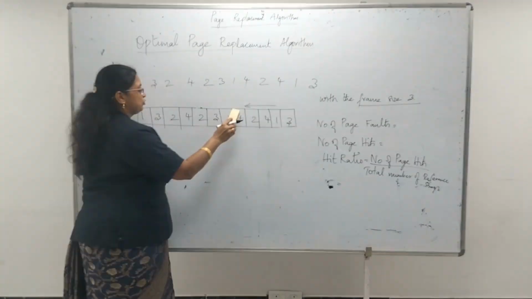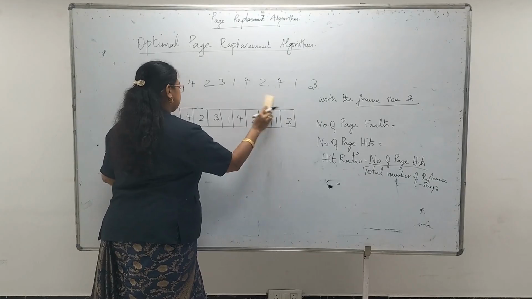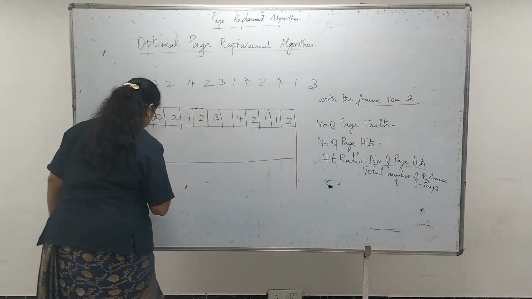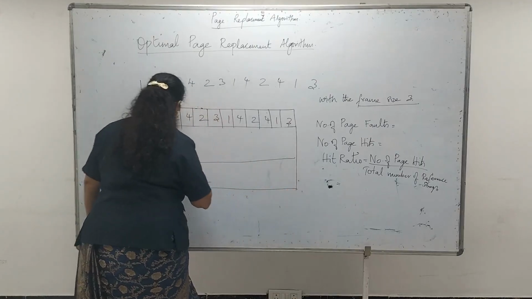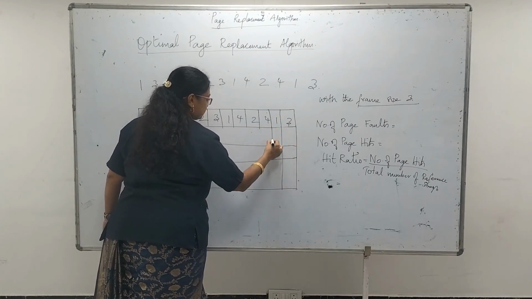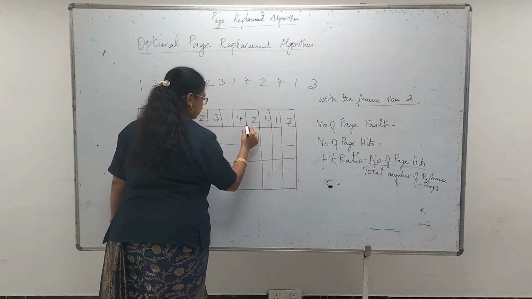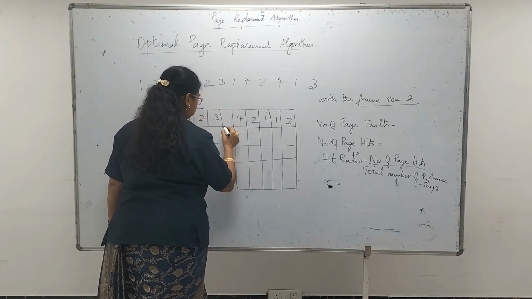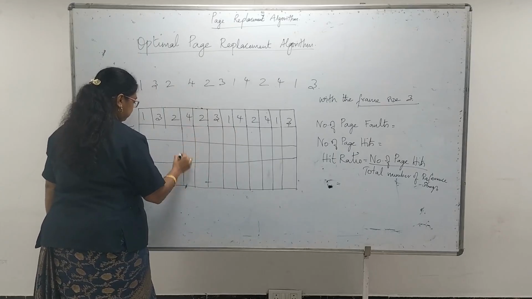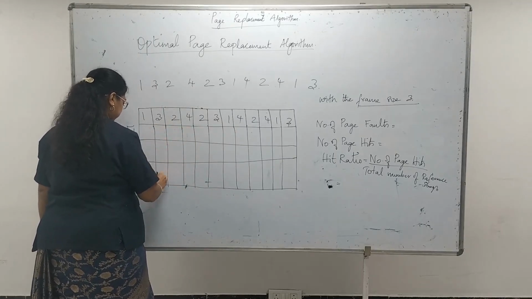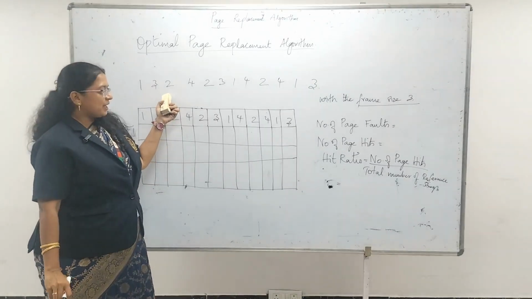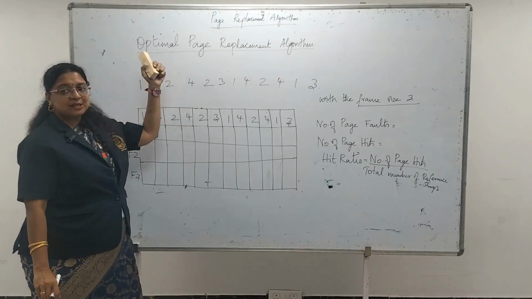Same strings. Your frame size is 3. So now you are going to insert your pages into your frame as per the optimal page replacement algorithm.